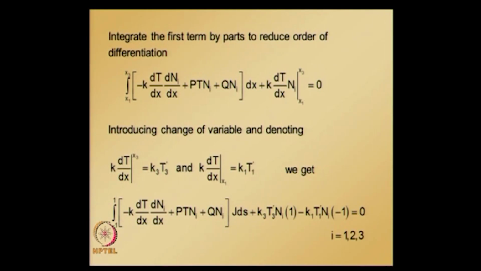The previous equation can be written in this manner, where dx is replaced with J ds and the rest of the terms follow once we substitute the first derivative of T with respect to x times k evaluated at x1 and x3. Substituting the corresponding values, we are going to get this.